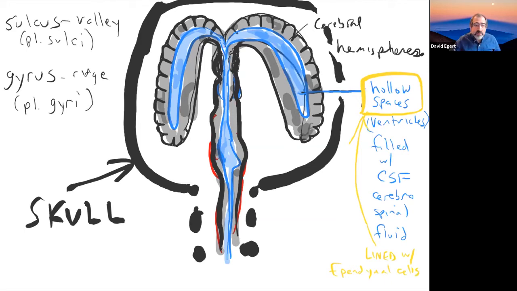And I don't know if you remember, ependymal cells actually have cilia, so that helps circulate all of the cerebrospinal fluid around in there. The ependymal cells are also going to play a critical role in actually generating the CSF.